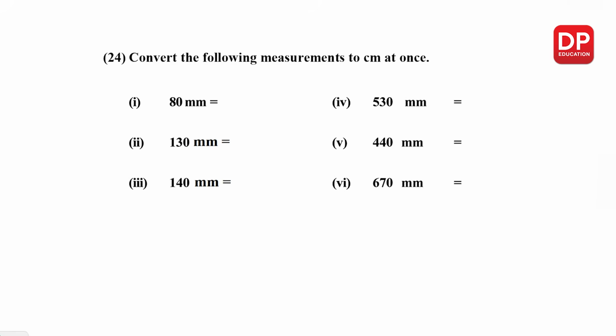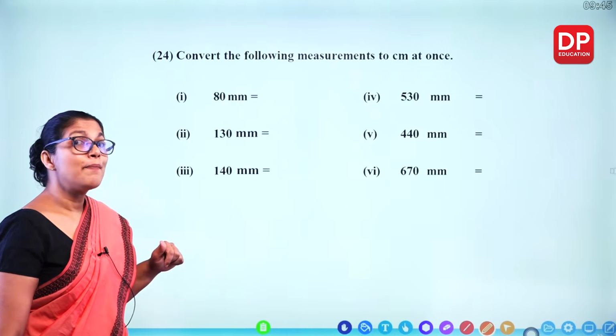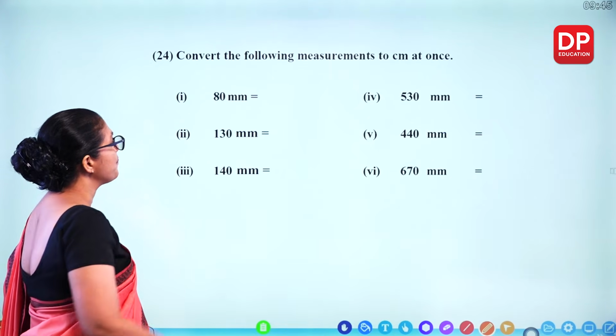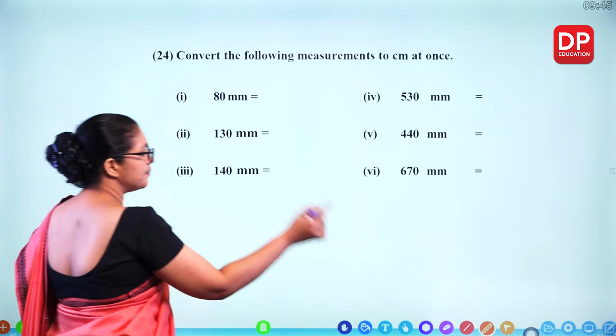Convert the following measurements to centimeters at once. So what do we do? We divide by 10. Millimeters to centimeters, we divide by 10. 80 divided by 10.